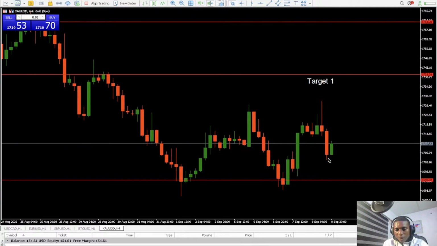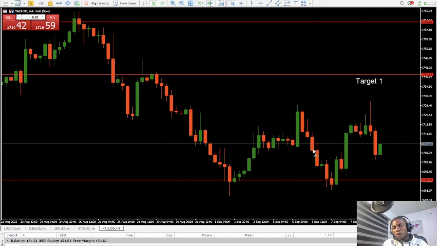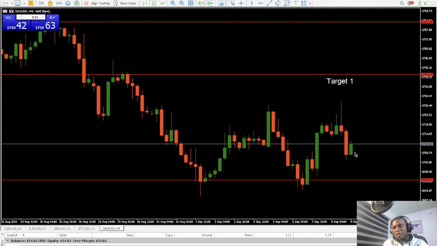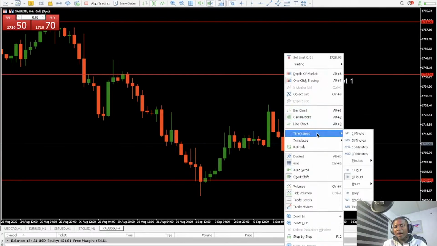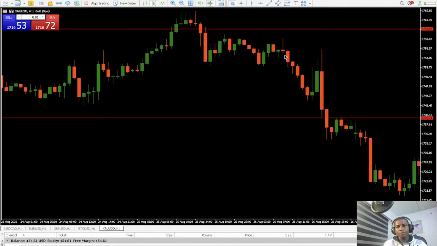After that, we saw a retracement to the upside. This retracement might not be sustainable. We might see price falling further back to this level. So let's look at the 1 hour time frame for more clarity.